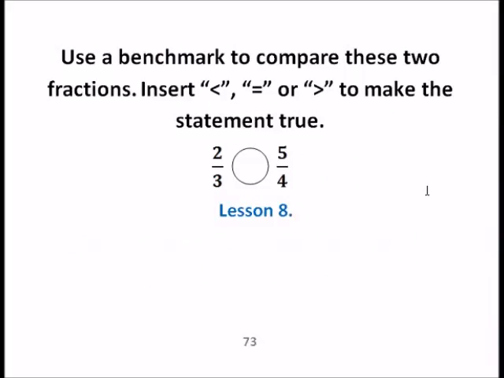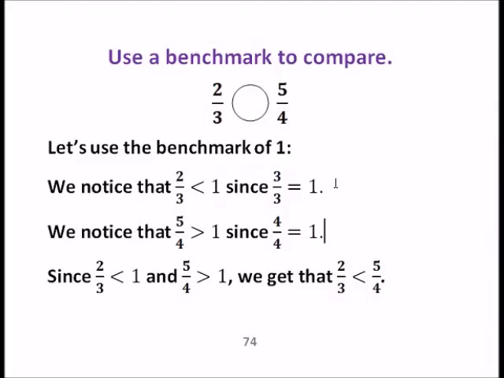So then the students are asked to compare these two fractions, less, equal to, or greater. This is about the simplest type of benchmark fractions because notice that 2/3 is less than 1 and 5/4 is greater than 1. So this is the easiest type to compare.